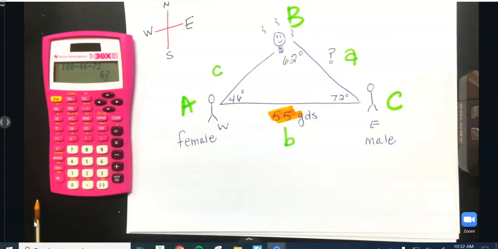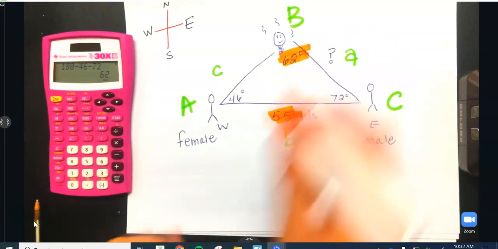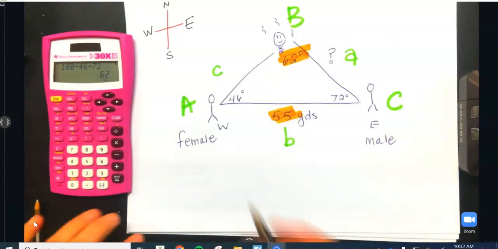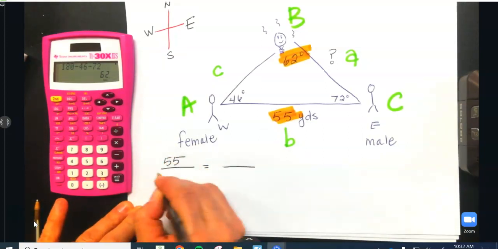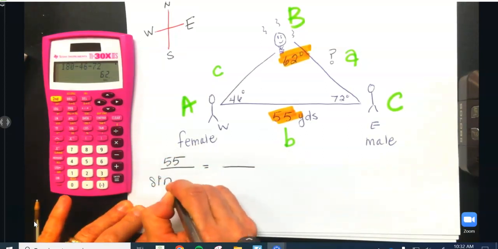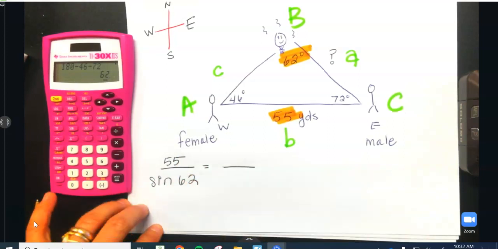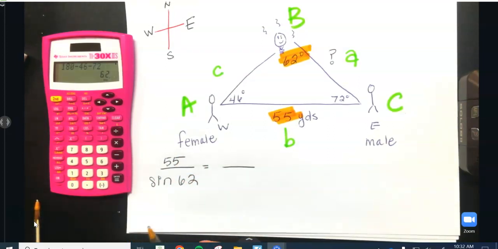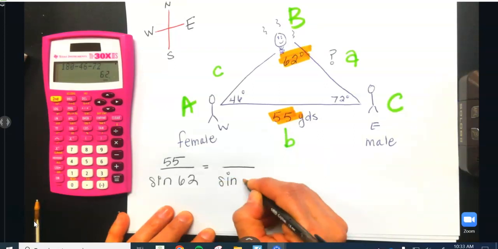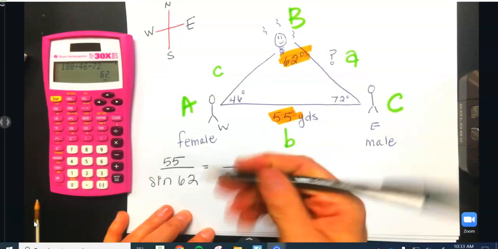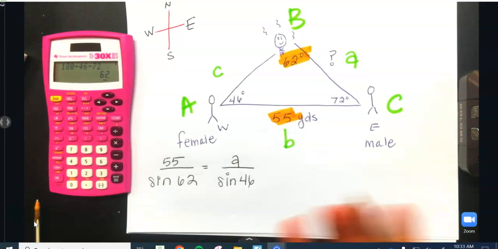We're ready to go now. Left side. Y'all, what's the right side? What'd y'all put here? Awesome. And then I labeled that leg A, so I'm just going to write small a up there.